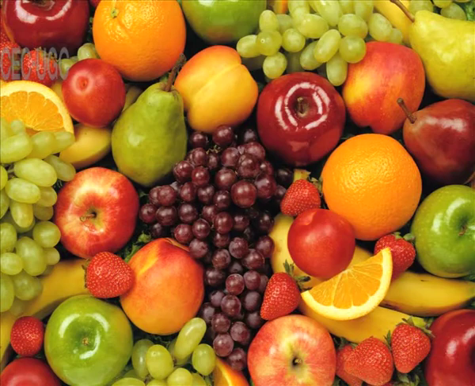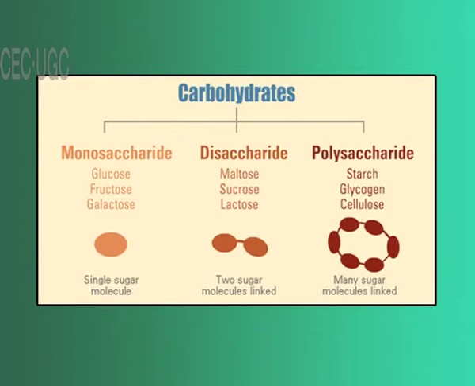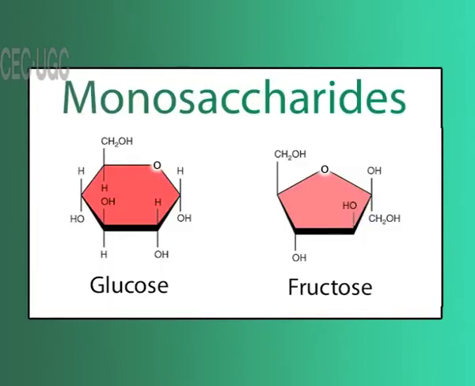The sugars most commonly present in foods include sucrose, glucose, fructose, maltose and lactose. Here glucose and fructose are the simple sugars or monosaccharides, and lactose and sucrose are the disaccharides. What is a monosaccharide?